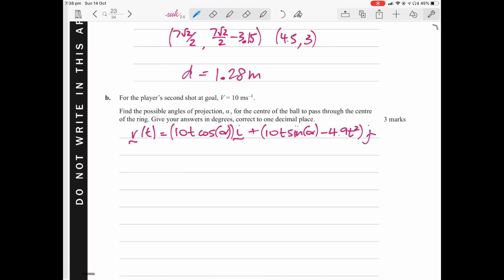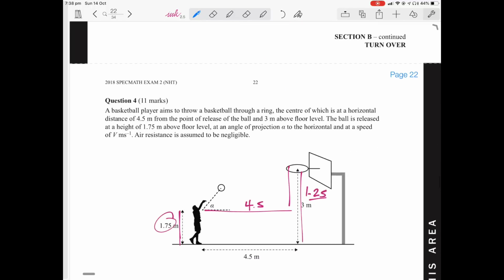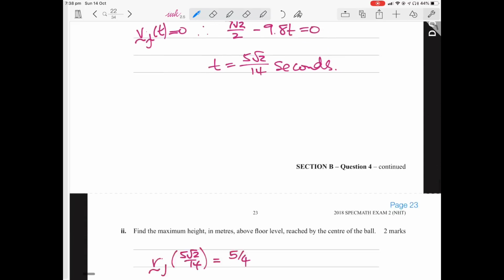So it's got to go through my i component, 10t cos alpha, that's got to equal my 4.5 meters, and my j component, 10t sine alpha minus 4.9t squared, has to equal 1.25, because I've got to go across 4.5 and up 1.25.